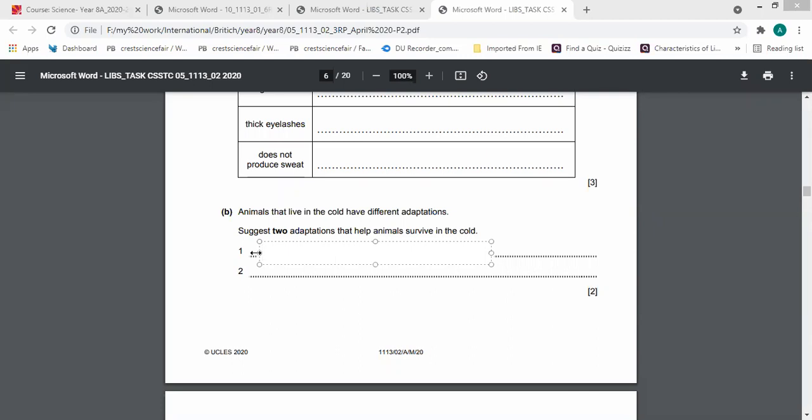Yes, they have thick fur and small ears. Small ears, right? Short legs like a penguin, right? We can say a lot of fat to act as a thermal insulator to keep their bodies warm, right? Yes. So we can write small ears.